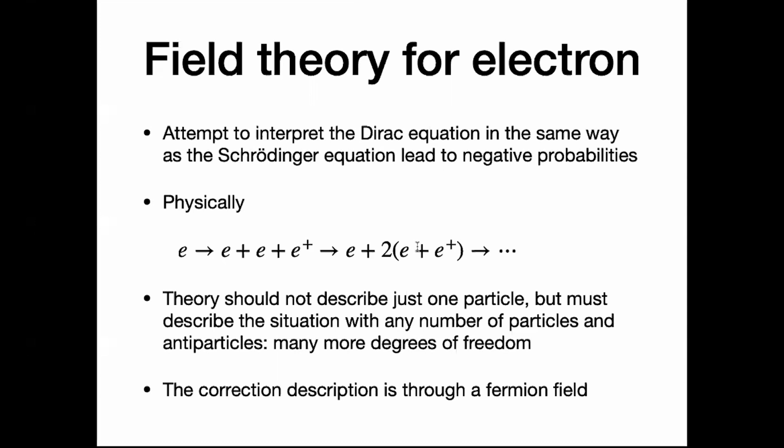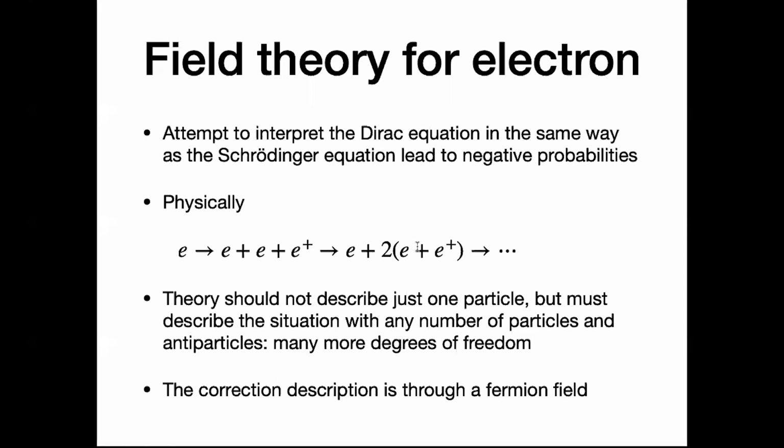Such an approach would not work in relativistic quantum mechanics. So the theory that we should aim for should be a theory that can describe not only a single electron, but a general situation where there could be any number of electrons and any number of positrons.